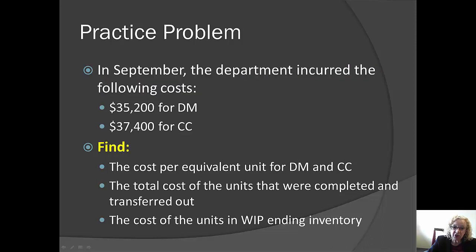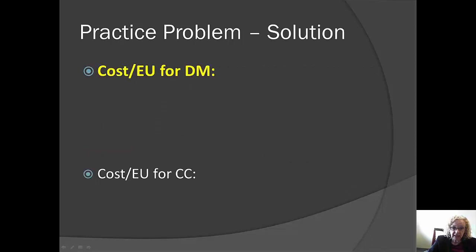Your job is to find the cost per equivalent unit and then the total cost of the units that were completed and were transferred out, and the cost assigned to the units that were left in ending inventory. Let's determine the cost per equivalent unit first.